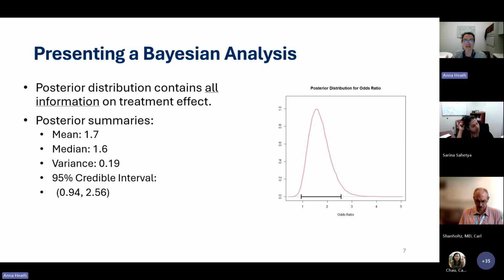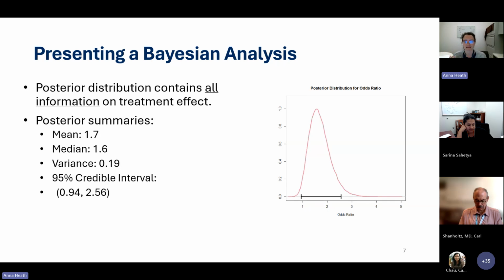We can estimate the median, which usually is fairly similar. In this case, it's slightly lower because we have a skewed distribution for our odds ratio on the right-hand side of the screen. We can calculate the variance or the standard deviation of this posterior distribution, and that would be equivalent to calculating the standard error in a frequentist analysis.